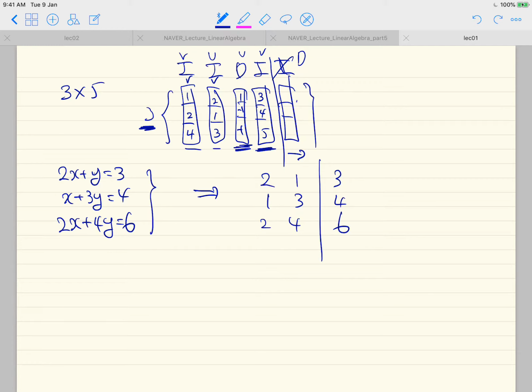And so Gaussian elimination is the process of solving this equation by using variable elimination, or in Korean 가감법으로 이거를 푸는 과정이라고 했죠.